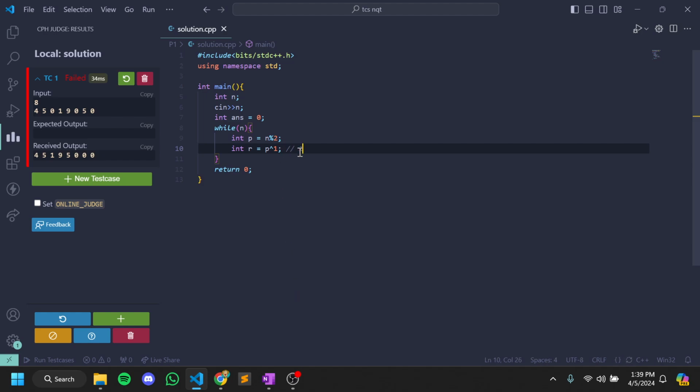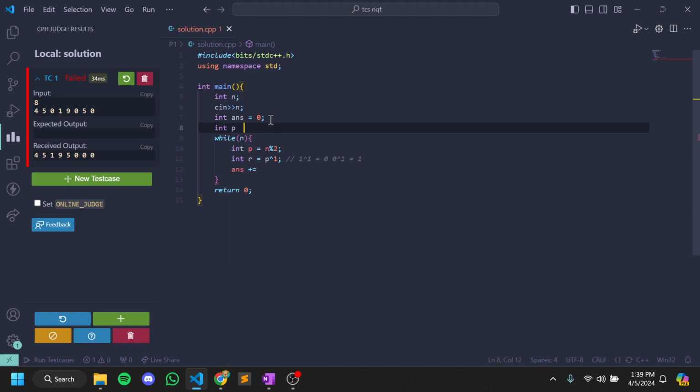So let me write it here. 1 XOR 1 is equal to 0, and 0 XOR 1 is equal to 1. So we are just getting the reverse parity of my p. And what we need to do is update our answer with this value.